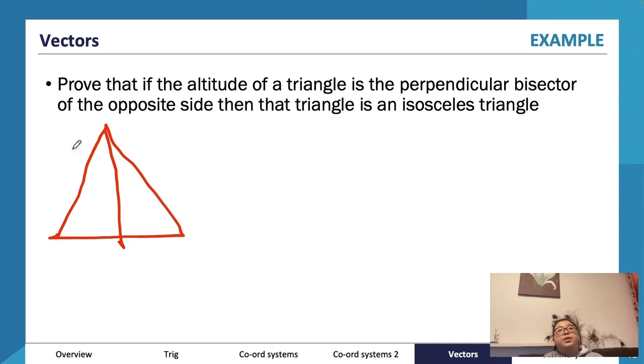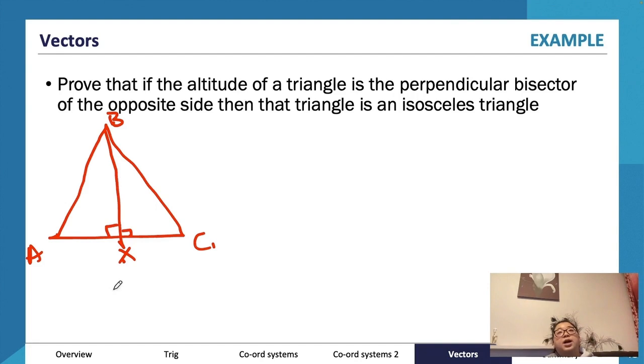So we've drawn our A, B, C here for our isosceles triangle. And what we're going to have here is our point X, our perpendicular bisector. So this is perpendicular and it bisects the side. So we know that this is also the altitude of the triangle.